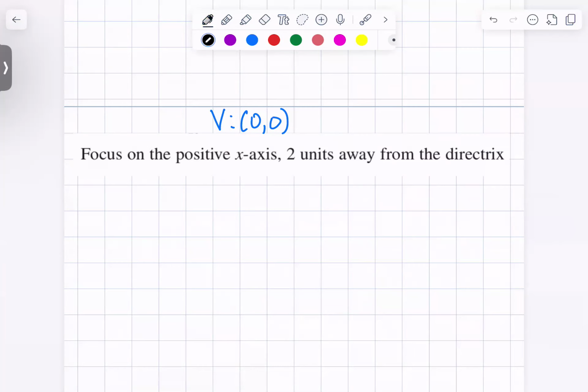If this is my y-axis, and this is my x-axis, my vertex is at 0, 0. Focus is on the positive x-axis, right? So my positive x-axis is here. It's going to be somewhere around here, 2 units away from the directrix.